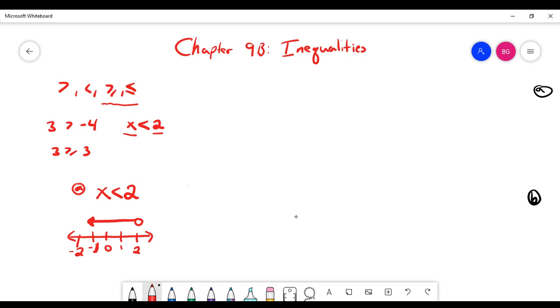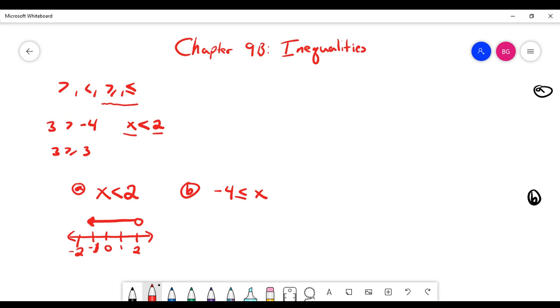All right, so I'm going to do another one here. Let's go with negative 4 is greater than or equal to x. Actually, I want to do negative 4 is less than or equal to x.